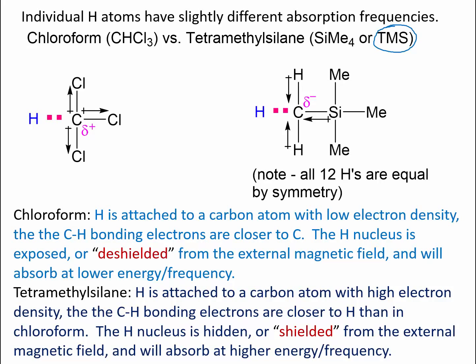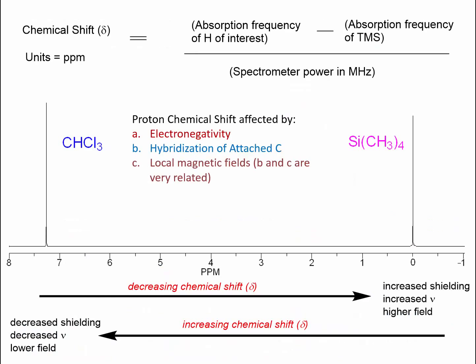It has a high electron density. The CH bonding electrons are closer to hydrogen than in chloroform, and we say that this hydrogen nucleus is shielded from the external magnetic field, and it's going to absorb at a higher energy or frequency. It's going to take more energy to penetrate the electron field set up by the bonding electrons.